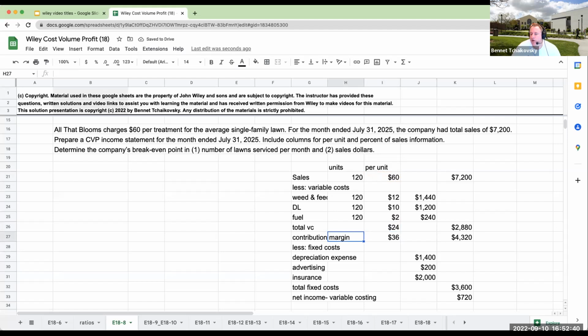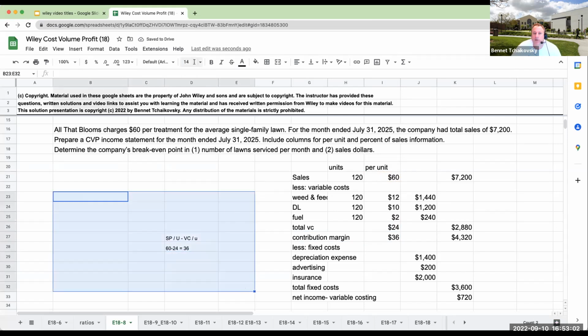So this is going to be 60 minus 24. I combine these three items here because they are all variable costs. And this is going to give us the 36 that we're looking for.